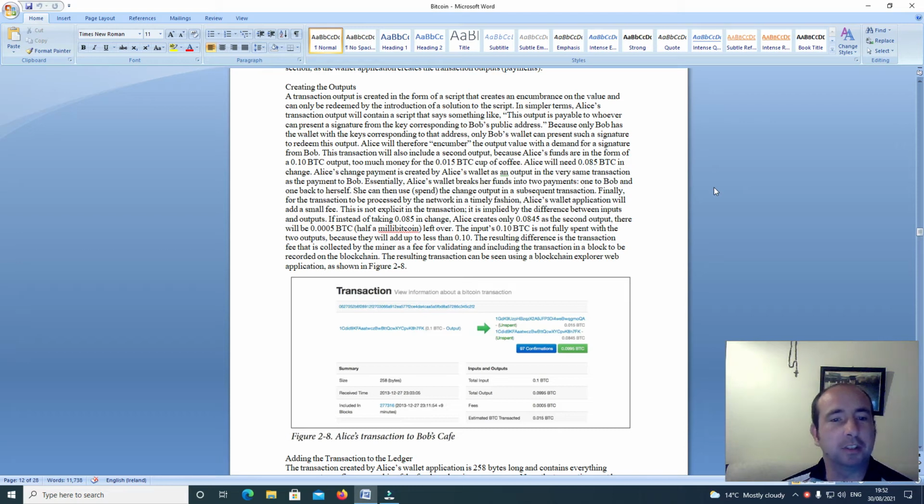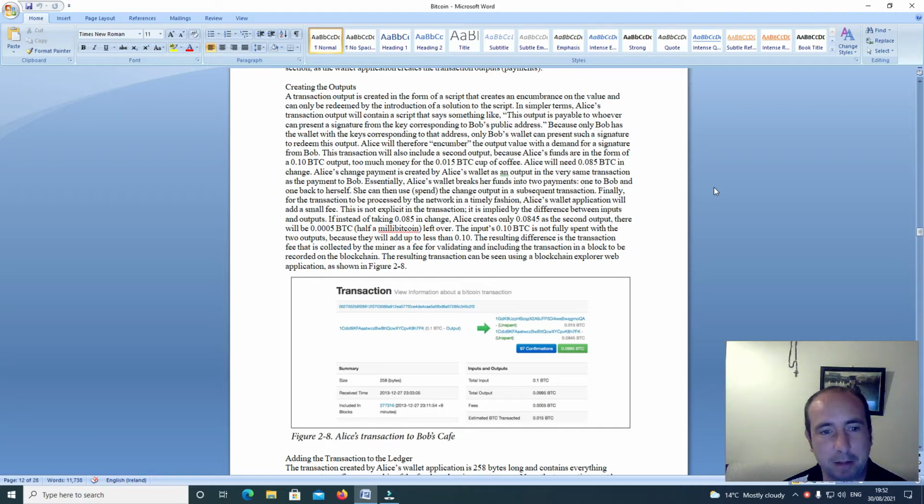Creating the outputs. A transaction output is created in the form of a script that creates an encumbrance on the value and can only be redeemed by the introduction of a solution to the script. In simpler terms, Alice's transaction output will contain a script that says something like: the output is payable to whoever can present a signature from the key corresponding to Bob's public address.